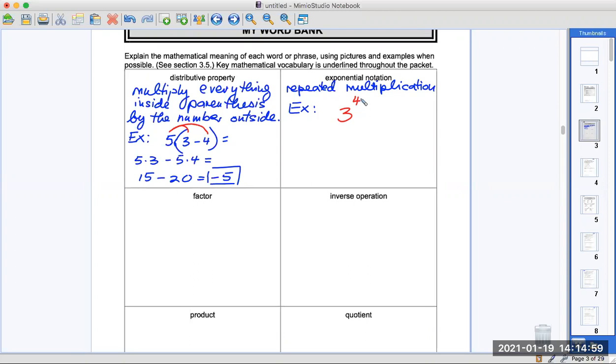It's not next to it, it's above it. It has to be that. And the way we read this is called a power, by the way. So we say 3 to the power of 4. And the 3 is called the base, and the 4 is called the exponent.